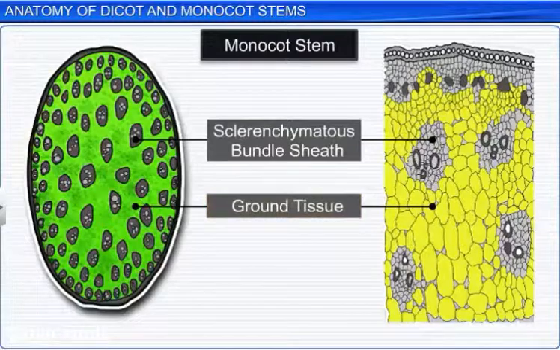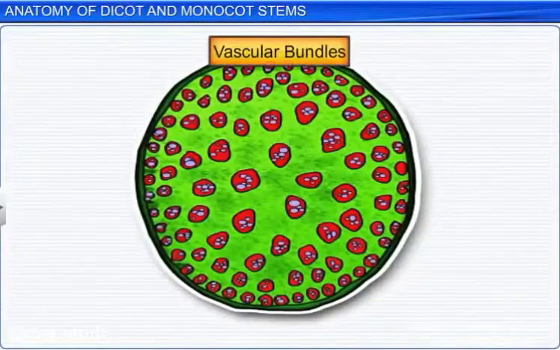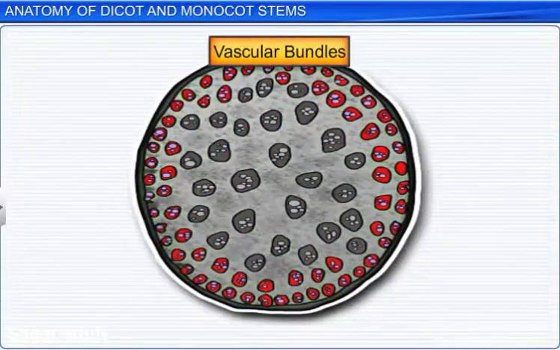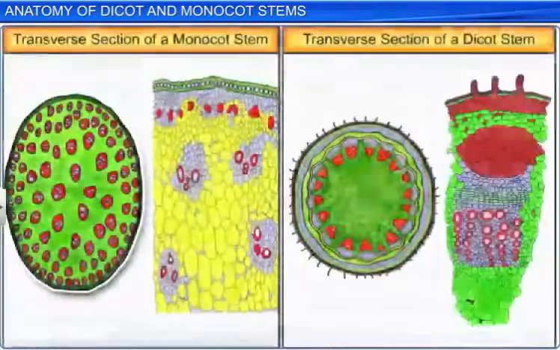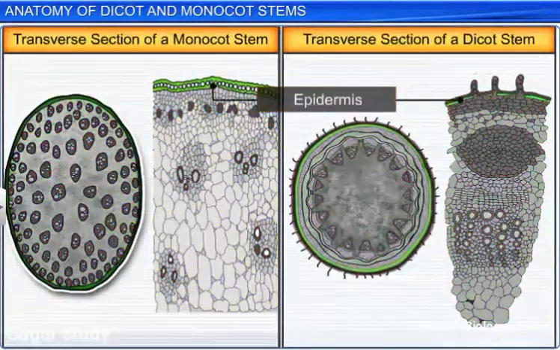Moreover, the vascular bundles on the periphery are smaller compared to the vascular bundles in the center. Therefore, the essential differences between a monocot and dicot stem lies in the arrangement of the epidermis, ground tissue, and vascular tissue.